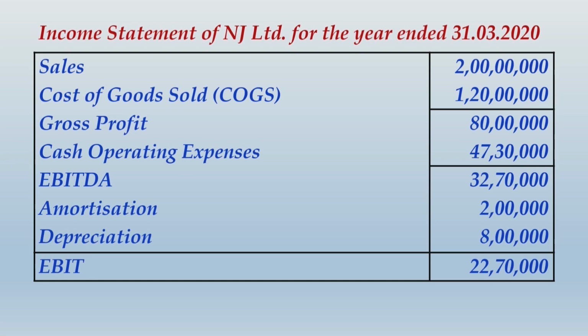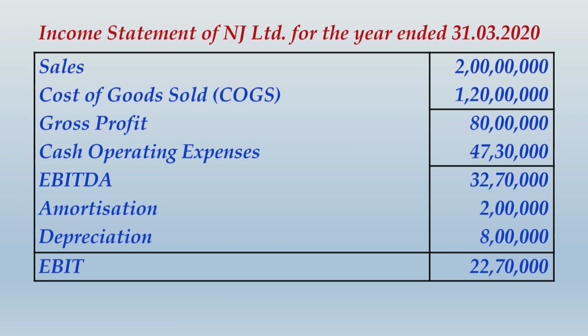Now let us focus on this income statement. Sales less cost of goods sold, you have gross profit, then there are cash operating expenses, and then what you have is EBITDA. I'm sure you remember what is EBITDA. EBITDA, that is earnings before interest, tax, depreciation and amortization. So amortization is a systematic spread over of the intangible asset cost over its useful life, and depreciation is a systematic spread over of the cost of tangible assets like property, plant and equipment over their useful life.